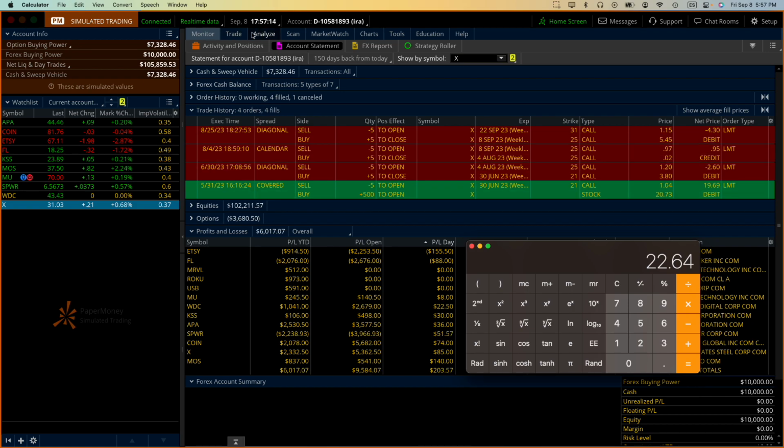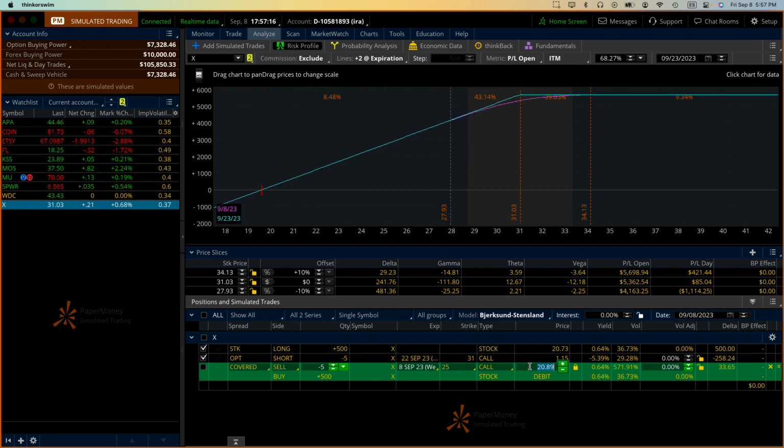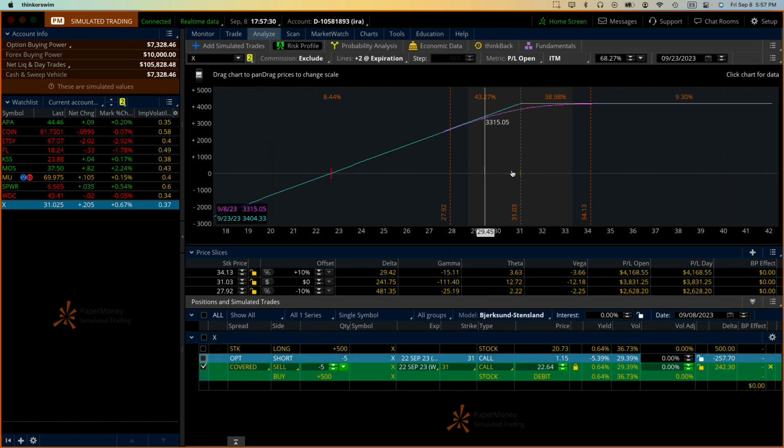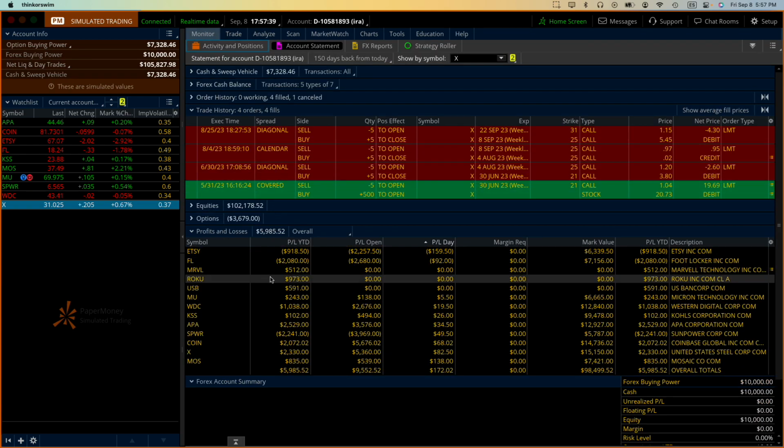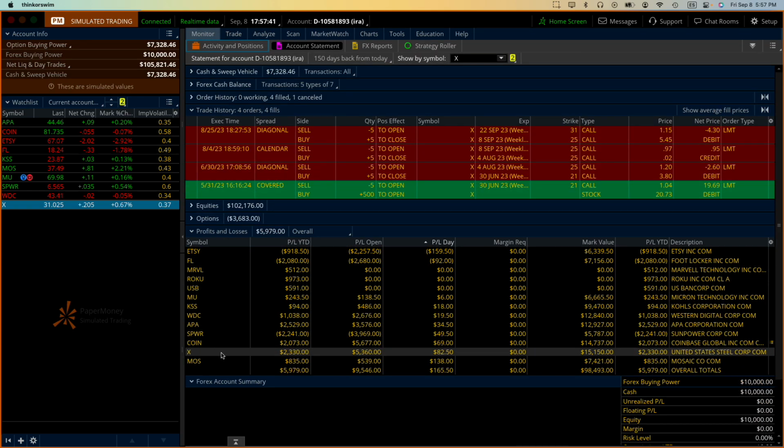Go to the Analyze tab, enter the number here, and then change the strike price to what we have here, 22nd of September, and my strike price is 31. That shows us where we are in terms of profit and loss. So $3,832, confirm that here. 3,800.